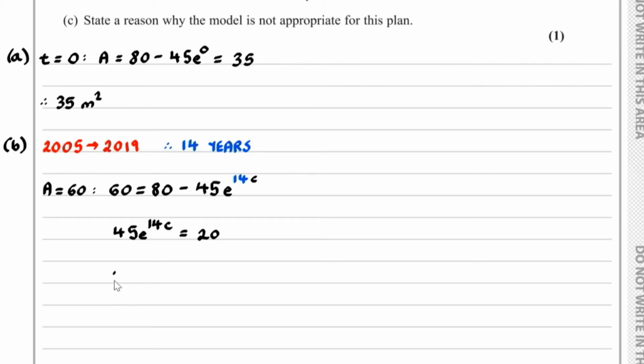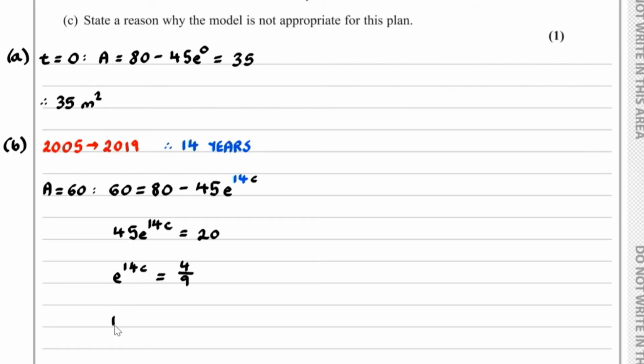So 14c, rather, if we divide through by 45 to begin with, e to the power of 14c is equal to 4/9.